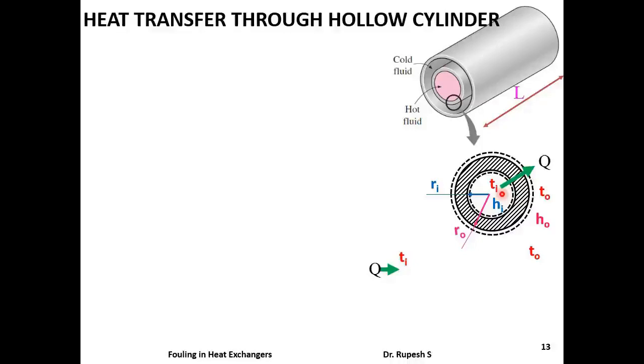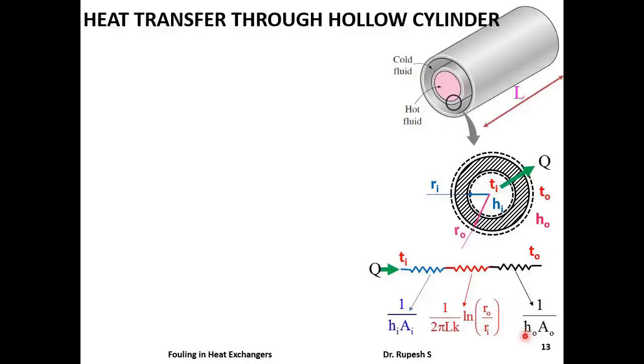One convection resistance corresponding to the inner surface, this one, and it is given by 1 by HiAi, and conduction resistance given by this one, and it is 1 by 2 pi L K ln Ro by Ri, and convection resistance corresponding to the outer surface, this resistance given by 1 by HoAo.